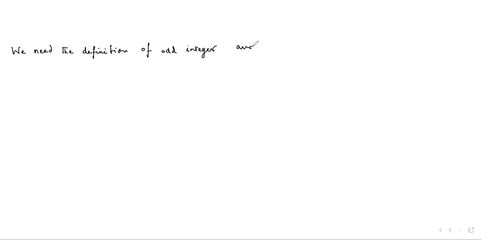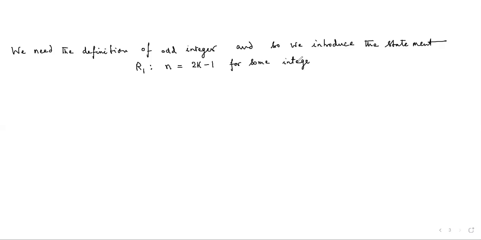And so we introduce the statement R1, which states that n is twice k minus 1 for some integer k.